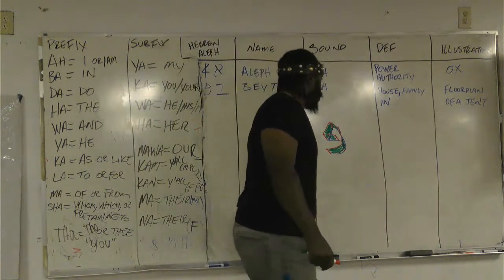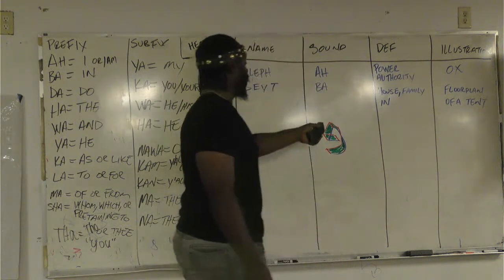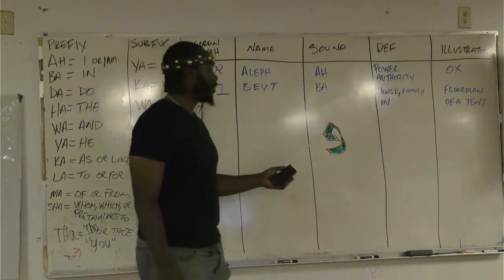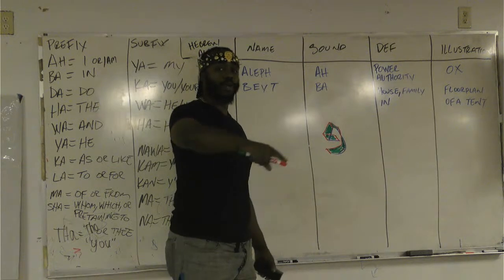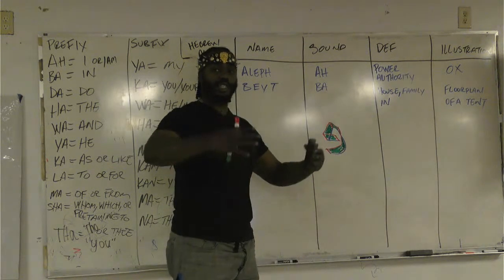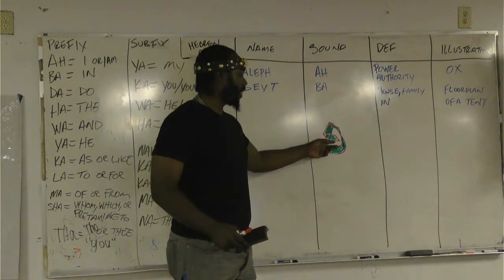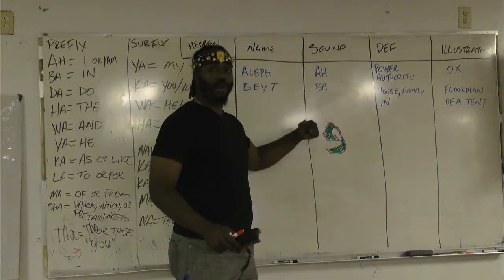So this is how that letter came about. They basically drew a floor plan of what a tent would look like. You'd have an entryway for a tent, and then where you would sleep right here.